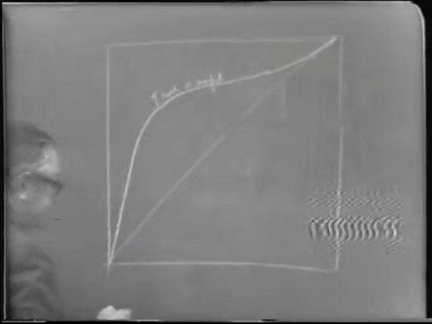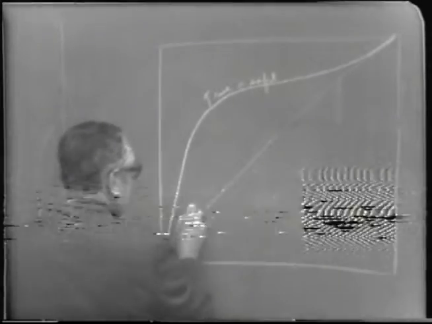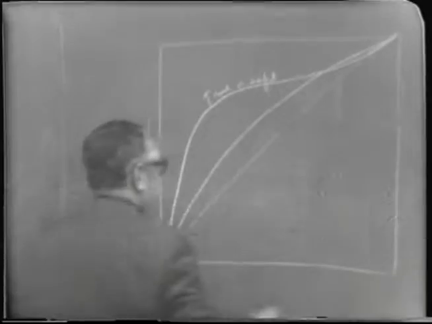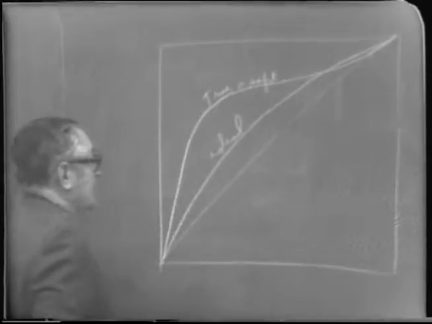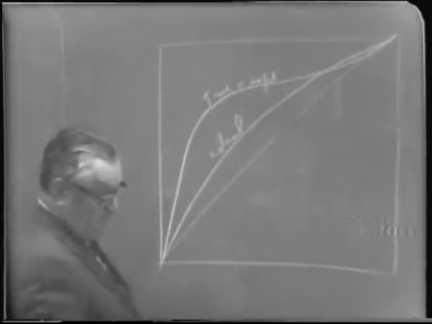And if it was an ideal mixture, the curve would have been in something of this order. This would be for an ideal solution. I guess I haven't drawn this very closely.